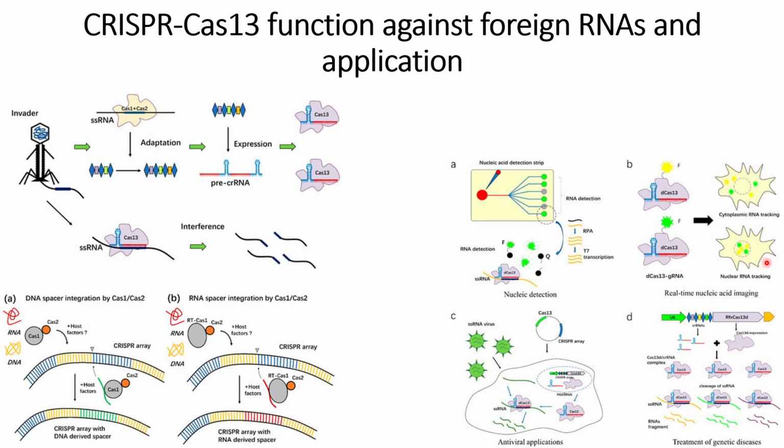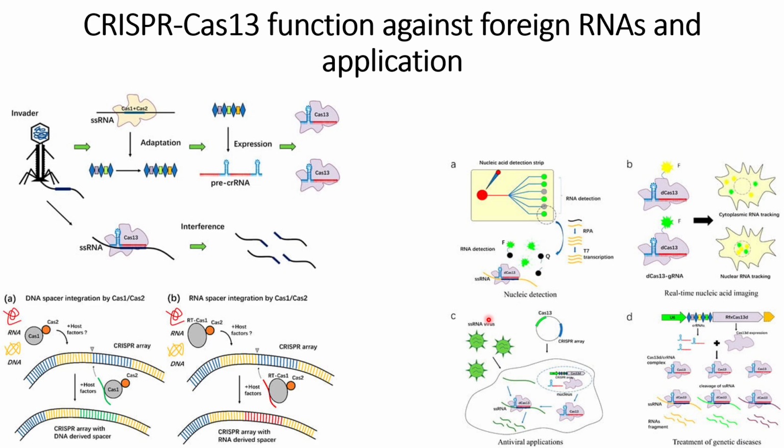This can also be used for nuclear RNA tracking. In this case, we need to add a nuclear localization signal that can transfer this complex into the nucleus of the cells.